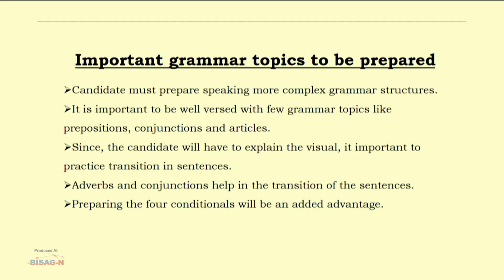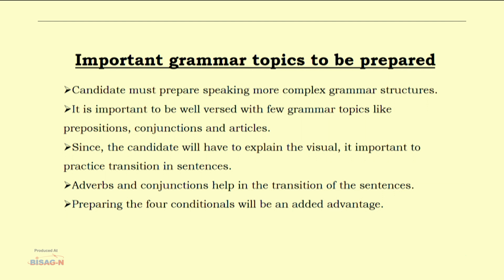The first point says that the candidate must prepare speaking more grammar or complex grammar structures. Now, when we talk about grammar structures, in the previous modules, we touched upon several patterns in the sentences. First, we had the simple pattern, basic pattern.